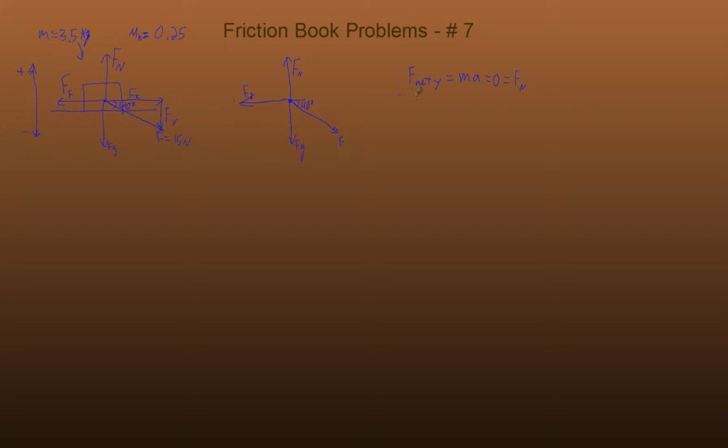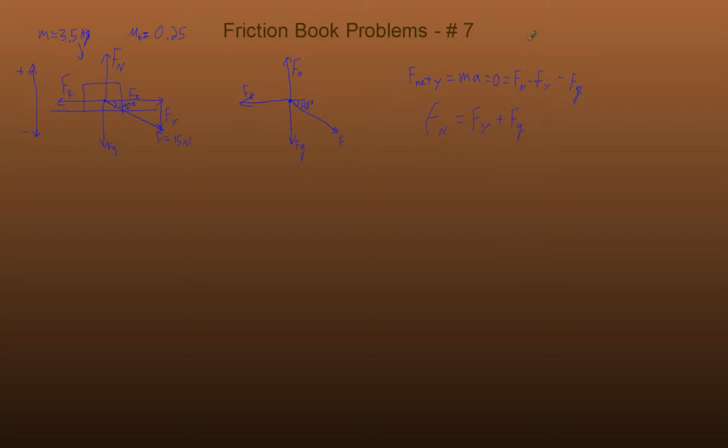Fy is going down, that's negative. And Fg is going down, negative. Alright? So what this means is Fn is actually equal to Fy plus Fg. Let's just bring Fy and Fg over to the other side. Fn equals Fy plus Fg.